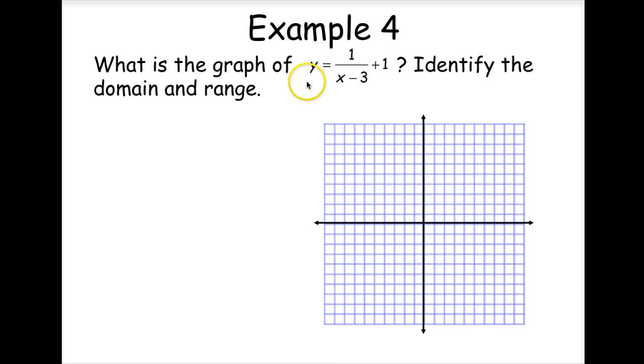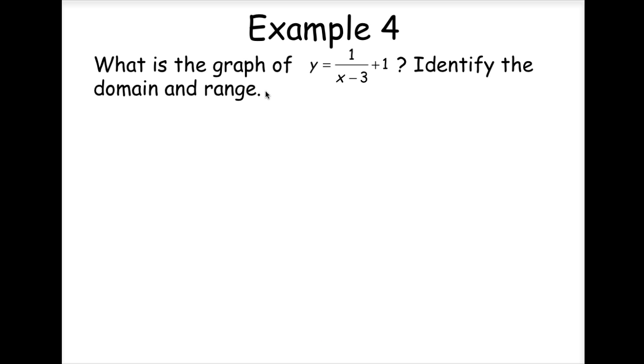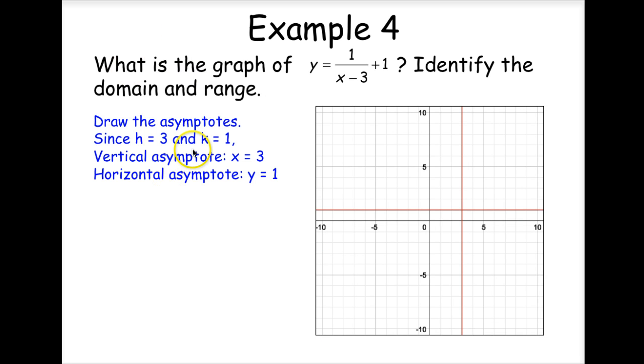What is the graph of y is equal to 1 over x minus 3, plus 1, and identify the domain and range? Well, let's draw asymptotes at x is equal to 3 and y is equal to 1. So h is 3, k is equal to 1.